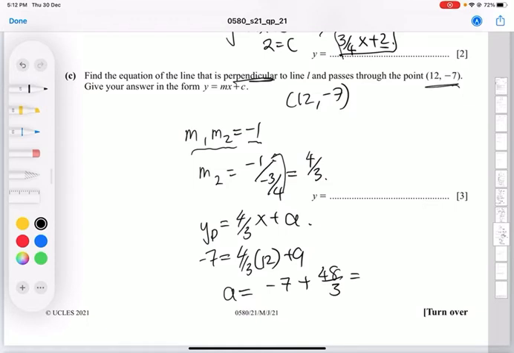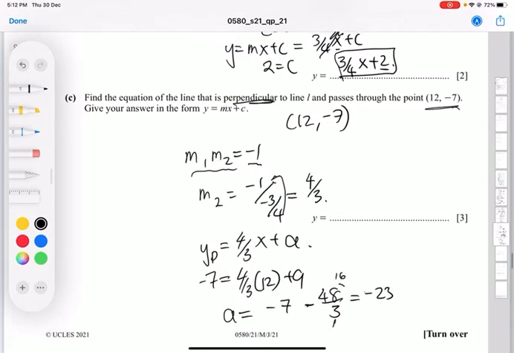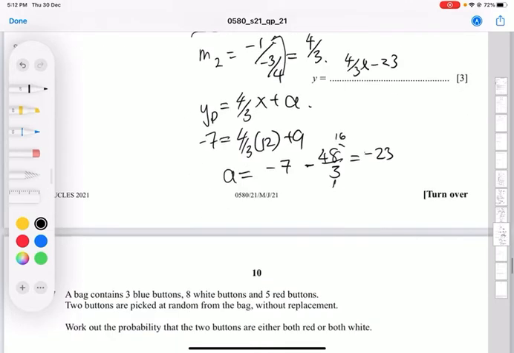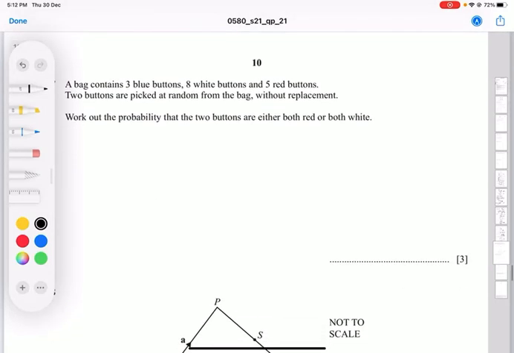Sorry, should be minus. Made a mistake there. Minus 7 minus 16, that's minus 23. So your perpendicular line is y equals 4 on 3 x minus 23. Okay. Now we're going to continue here.